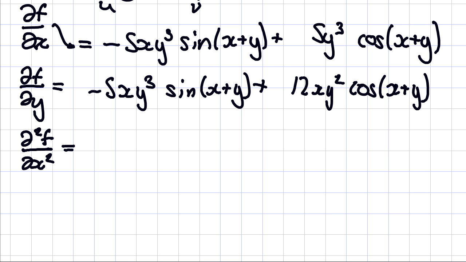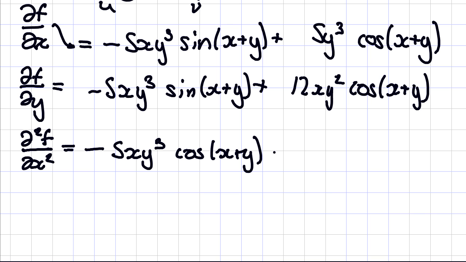So that's going to be u, that's 5xy cubed, times dv dx, that's going to be cos x plus y. And now second term, so we keep the minus sign. And now we differentiate 5xy cubed with respect to x, so that's just 5y cubed.